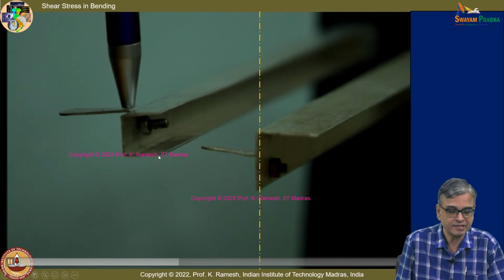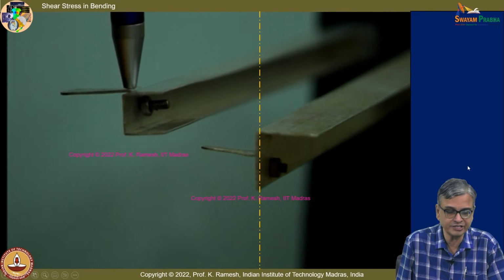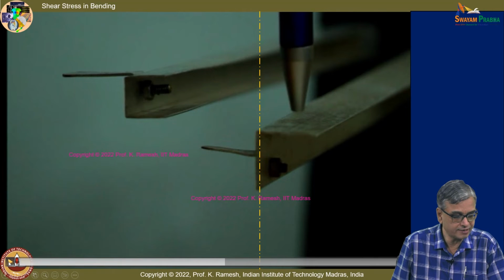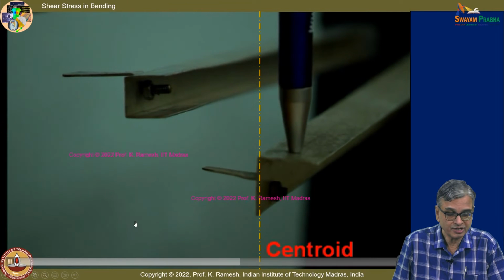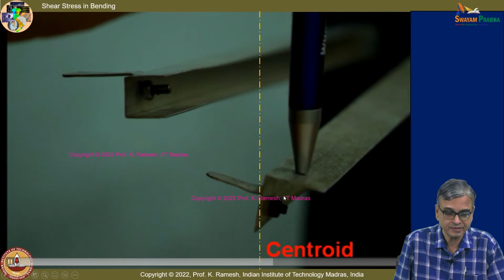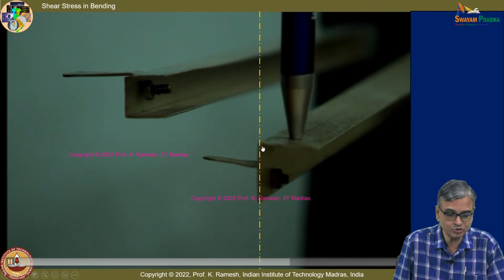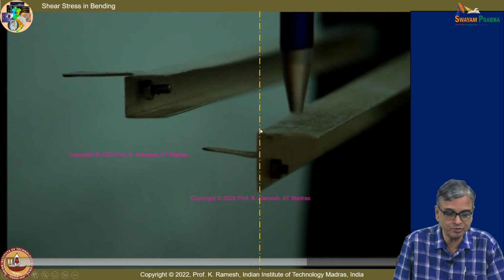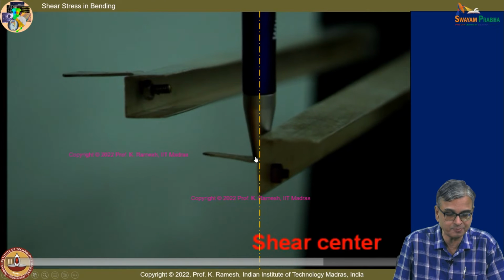And this is another angle cross section, and if you look at this, this also bends and twists. The shear center is actually this corner. I was unable to put my pen there, so it was slipping. I just put it next to this.